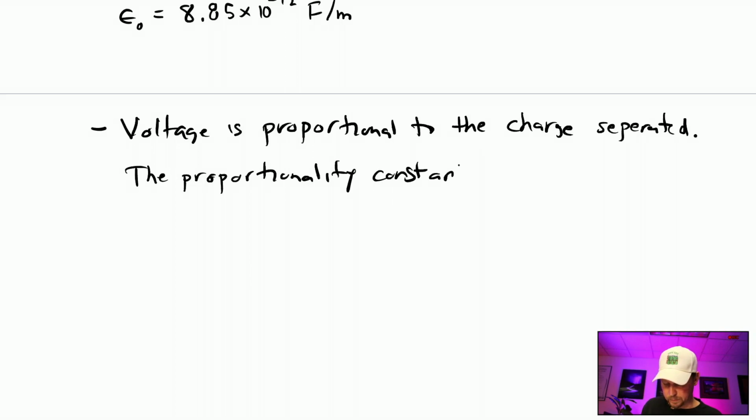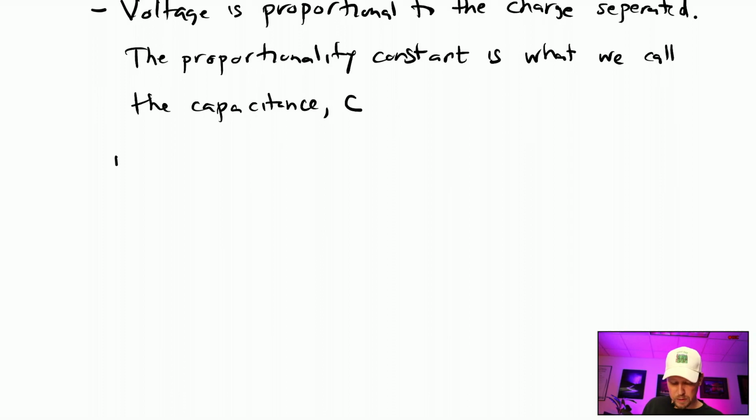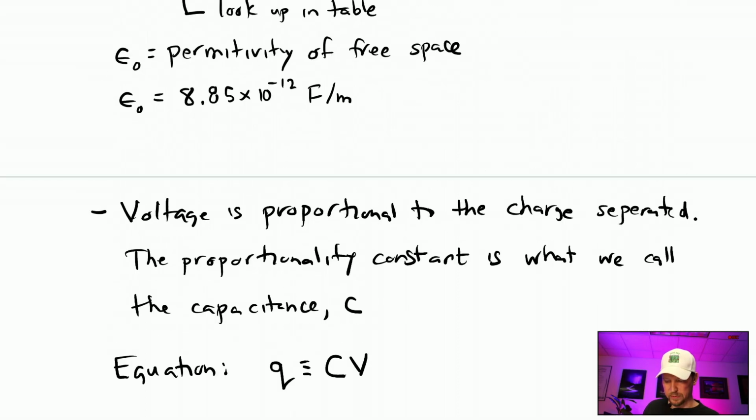We use the capital letter C to denote it. Now, notice that this can actually be encoded in equation form. Here in the equation, the charge on the plates is equal to the capacitance times the voltage.